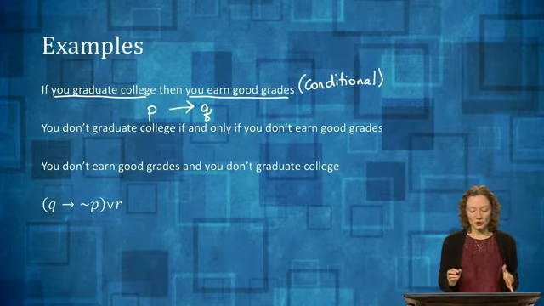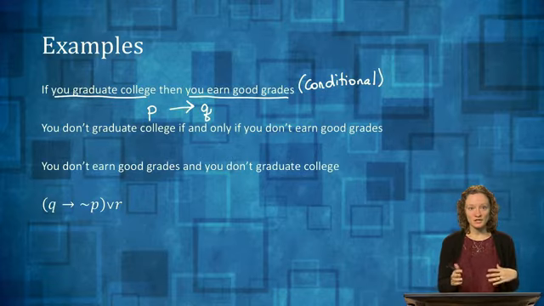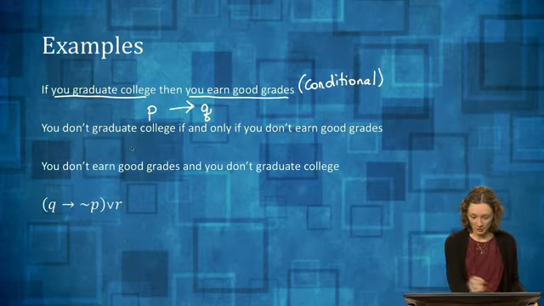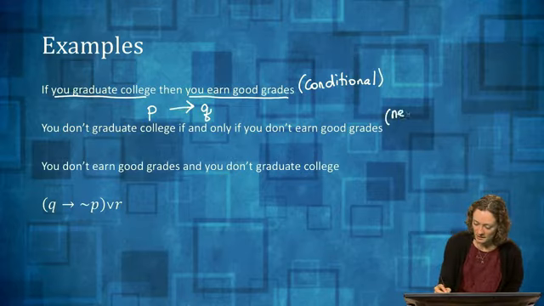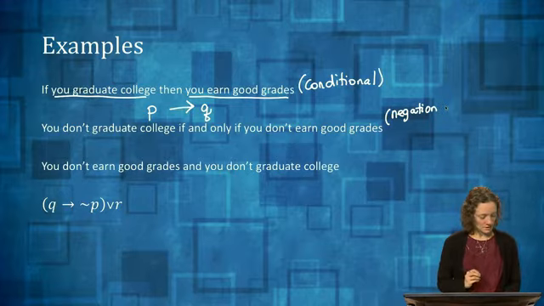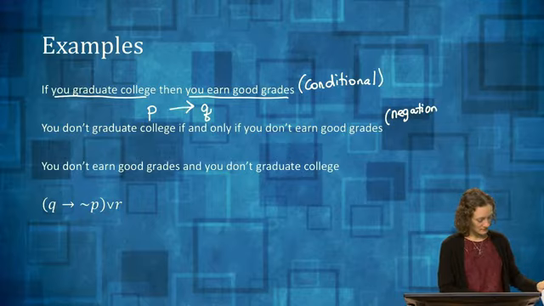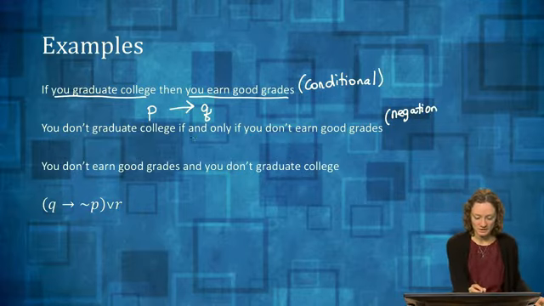Okay, so do we see any negations? Are any of our initial ideas negated? Do we see the opposite of them? Graduate college, I see don't graduate college, so that would be a negation. Do we see any conjunctions, any ideas connected with the word and?